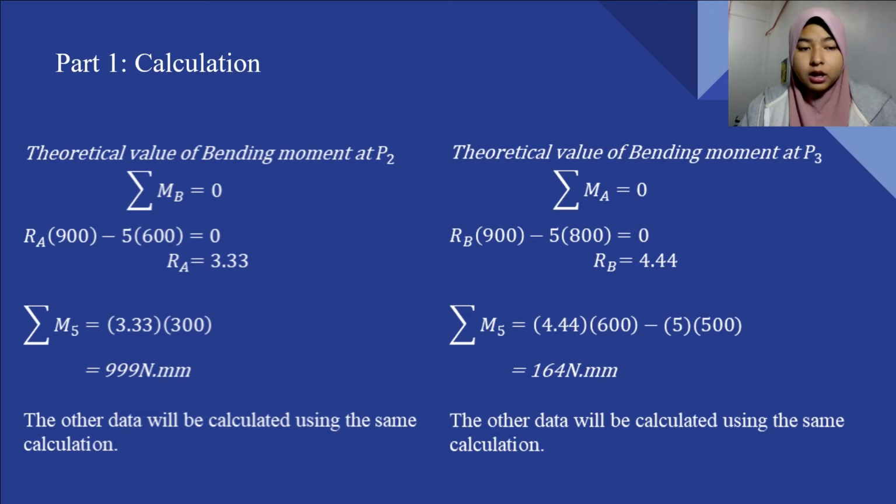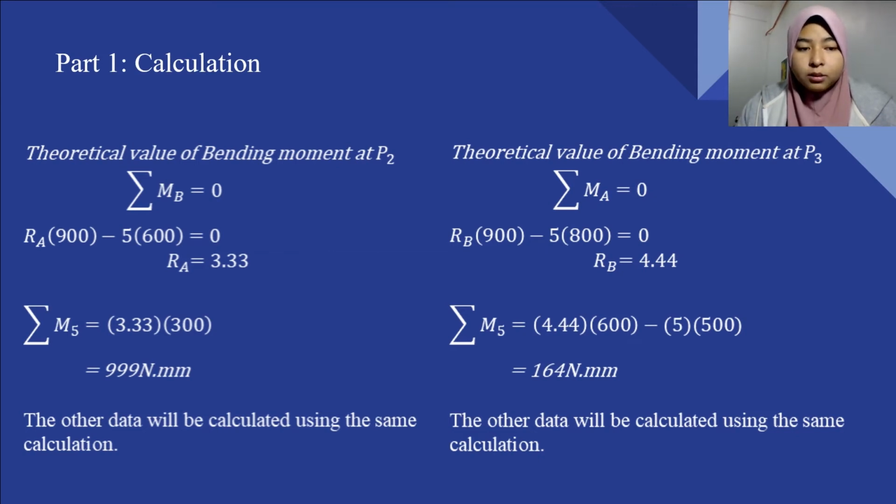In order to find RA, it will be multiplied with the original distance, which is 900, minus 5 Newton, which is the load that we use at the first data at P2, multiplied with 600, which is the original length minus the distance of P2, which is 300. 900 minus 300, we get 600, and RA will be 3.33 Newton.